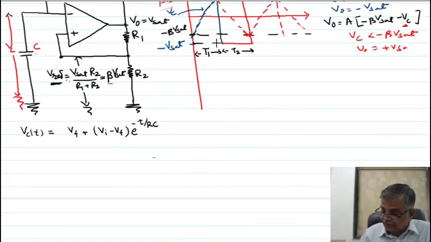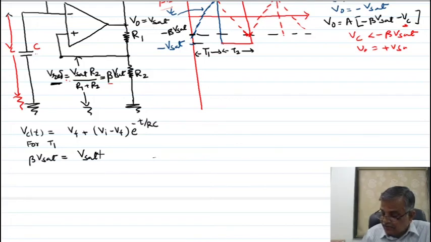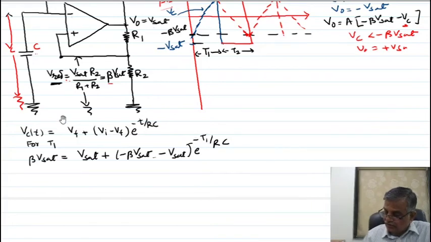For T1, this voltage is beta V set, final voltage you want is V set, plus the initial voltage is minus beta V set on the capacitor, and finally it is charging toward the plus voltage. So that's why look here at the way I have written it.